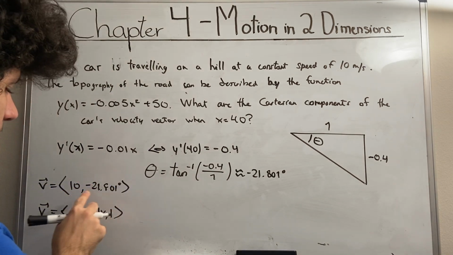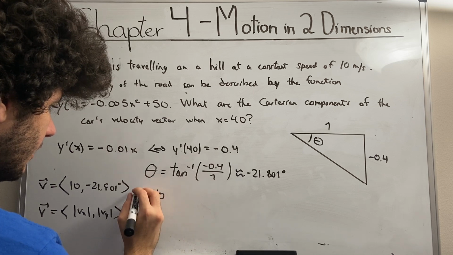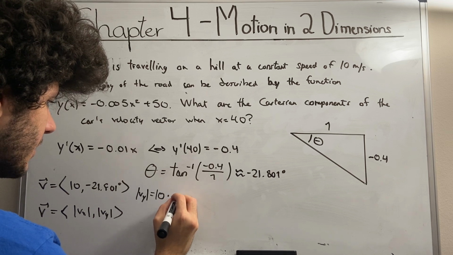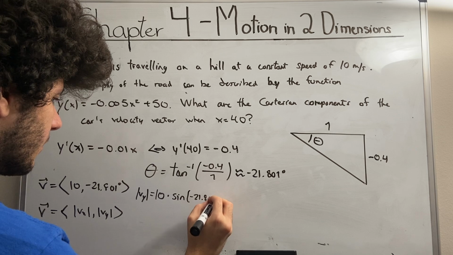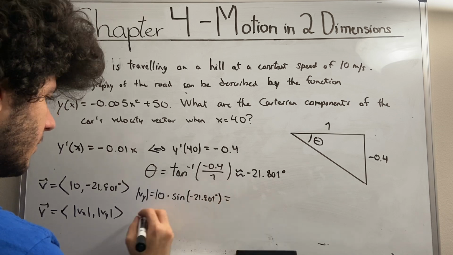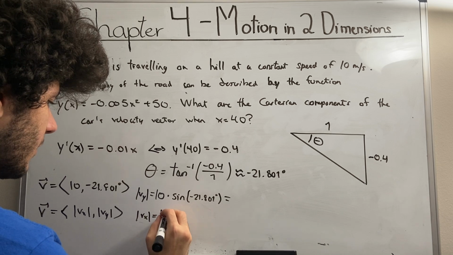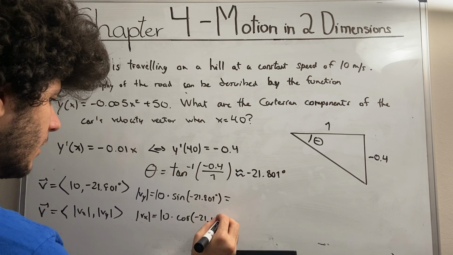We have the magnitude, so to find the y component we do 10 times sine of negative 21.801 degrees, and for the x component we do the same but with cosine of 21.801 degrees.